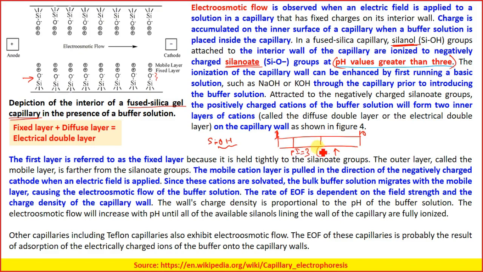However, the pH of the buffer is usually kept towards the basic side, around 7.7. This is done so that the silanol groups, which are fused over the internal surface of the capillary, become charged.